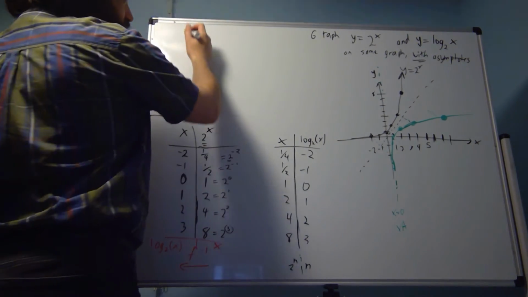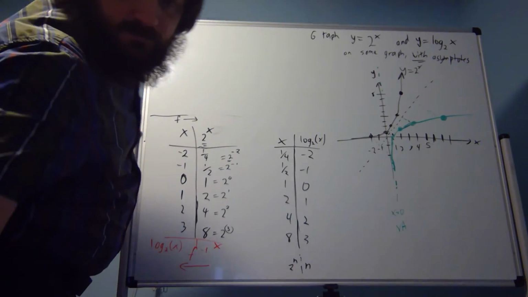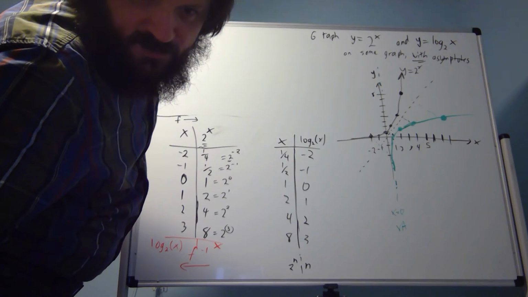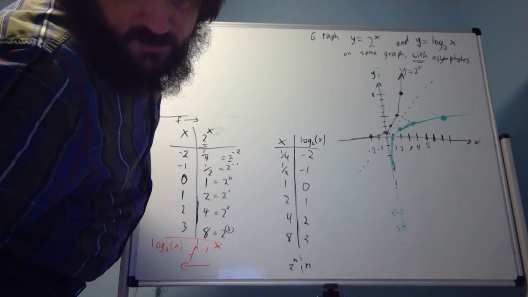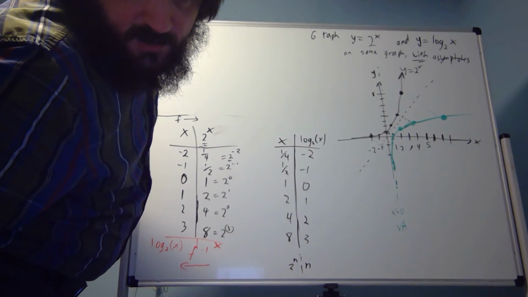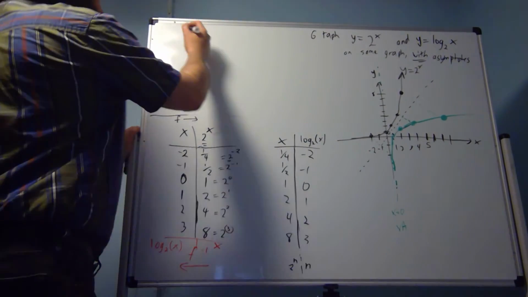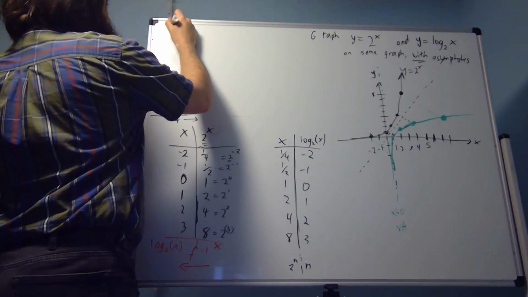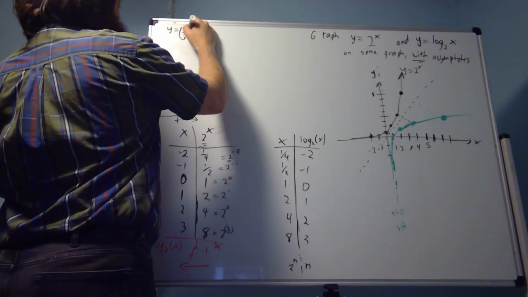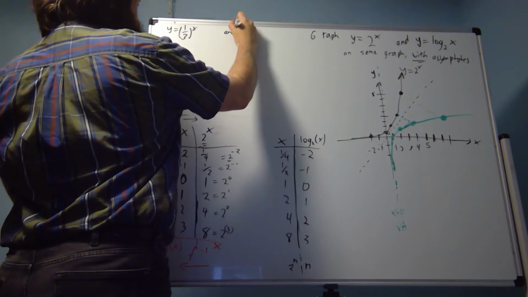Yeah, and then let's see, did I do 1/3 already? One third is not done. So this is a good example, I guess. Let's do these on the same scale.